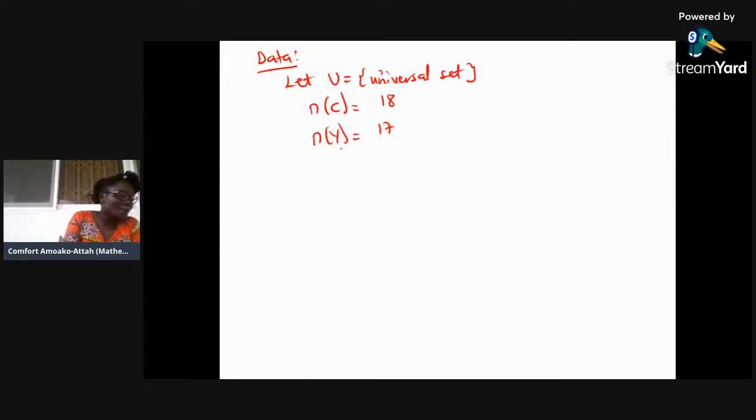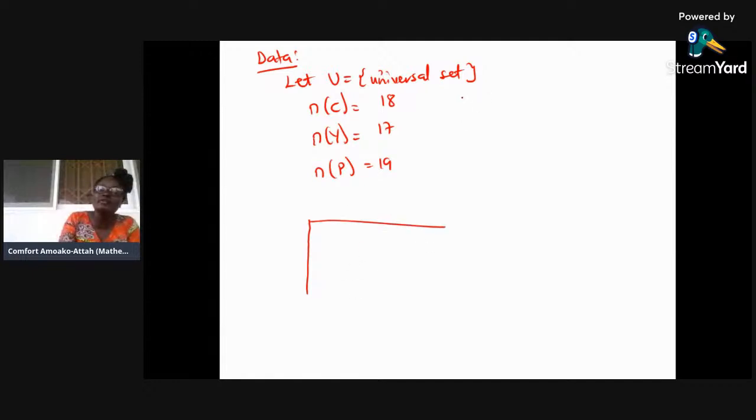Then the number of women who sell plantain also to be 19. So how then do we tackle them or illustrate this information on the Venn diagram? So this is a 3-set problem, and we have to draw a Venn diagram.